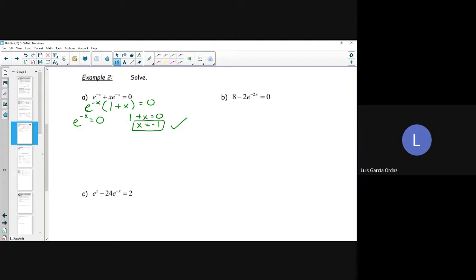However, with my next one, in order for me to evaluate, I need to take the ln of both sides. So I get ln of e^(-x) is equal to ln of 0. However, can e^(-x) ever equal 0?